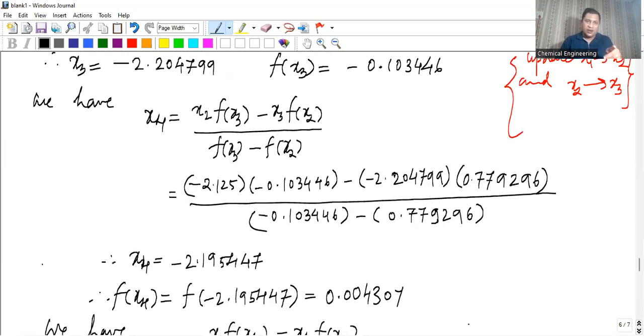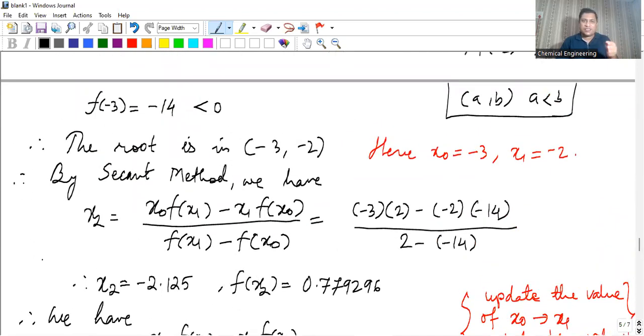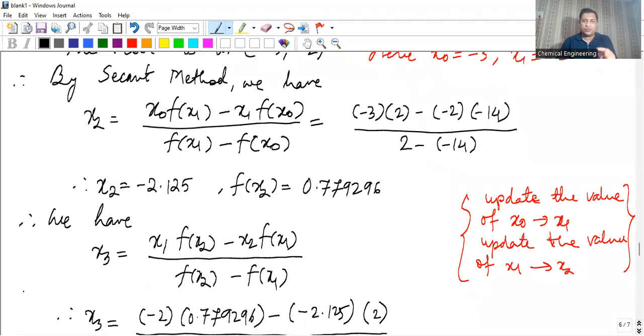That's why when we started with the first and second iteration, you got the difference. Here we go on updating the interval automatically, and these intervals are nested intervals.